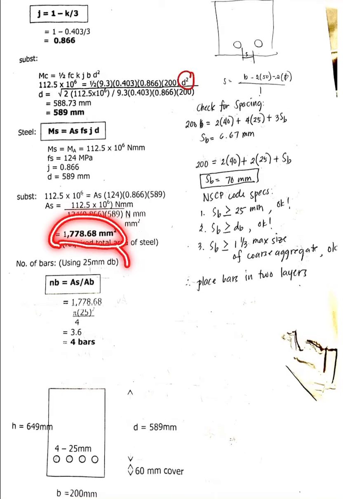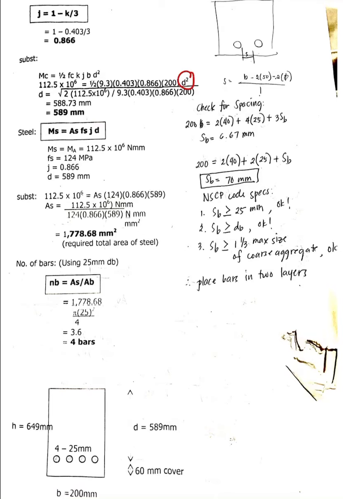So the As, you have 1778.68 divided by pi over 4 times 25 squared. Okay, so the answer is 3.6. So therefore, round it up to 4. Even if that is 3.1, always round it up to a whole number.